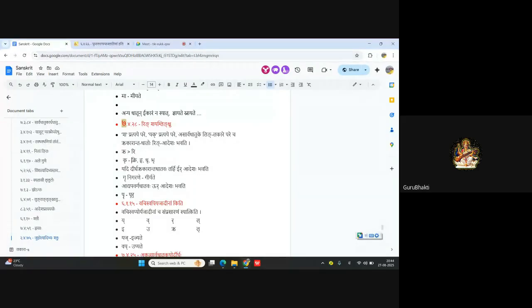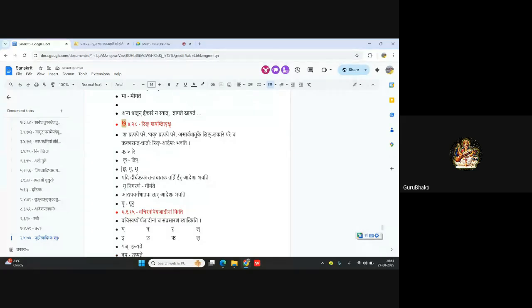Like here, Kru is there. Kru has changed into Kri. It is rukara anta. Kru is at the end, rukara is there. That rukara has changed into Ri.